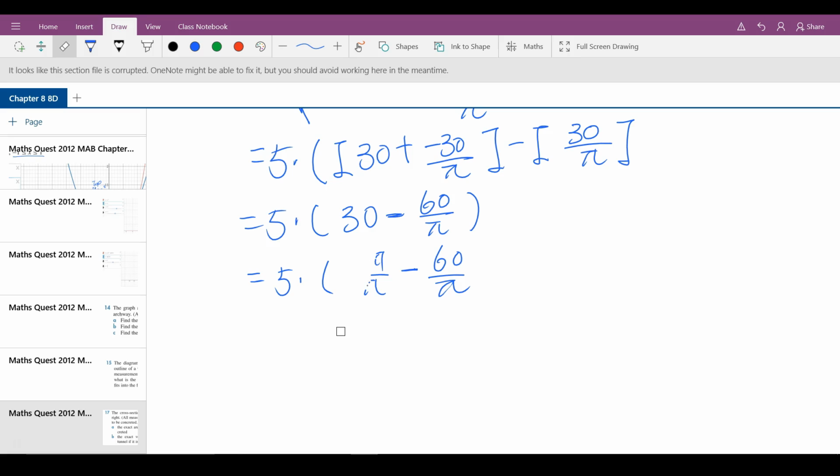I think this way is a bit confusing. So 30 minus 60 over pi gives us around 10.90. And 5 multiplied by that is 50, so times 5, 54.5.